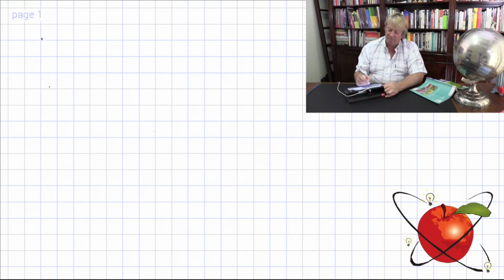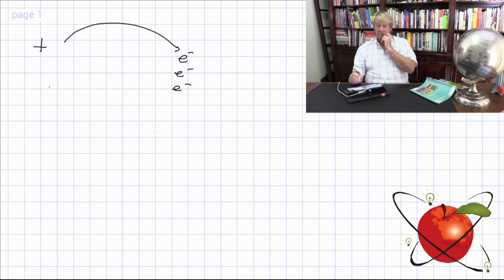We actually took electrons and wiped them off, didn't we? So let's think about it as a transfer of electrons from one place to another. So we're taking electrons away and we rub it and we deposit electrons over here. A whole bunch of these guys.